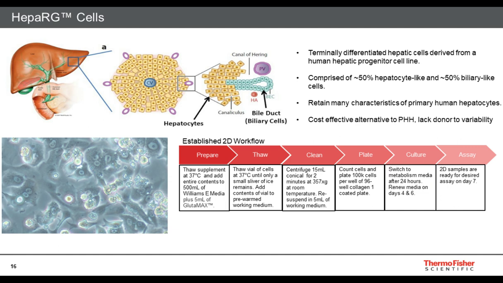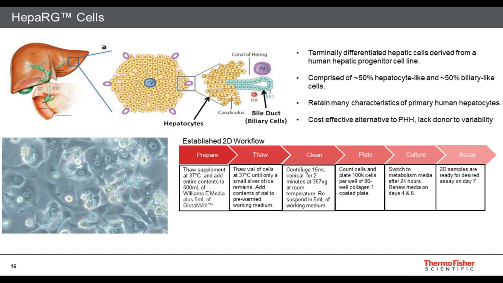One thing that really separates HepaRG cells from other hepatic cell lines is that they retain most of the characteristics of primary human hepatocytes. So most of the enzymes and pathways that people use primary hepatocytes for are retained in HepaRG cells. Two advantages of HepaRG over primary human hepatocytes are they are much more cost-effective and cheaper for the customer, and they lack the donor or lot-to-lot variability that plagues primary hepatocyte work.